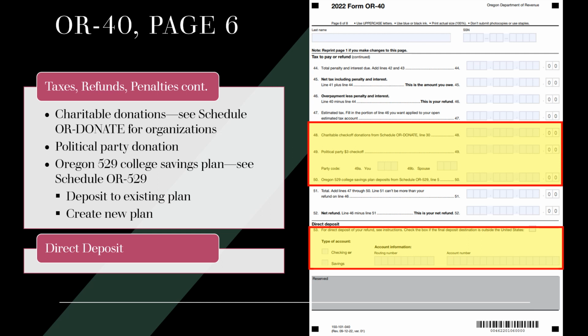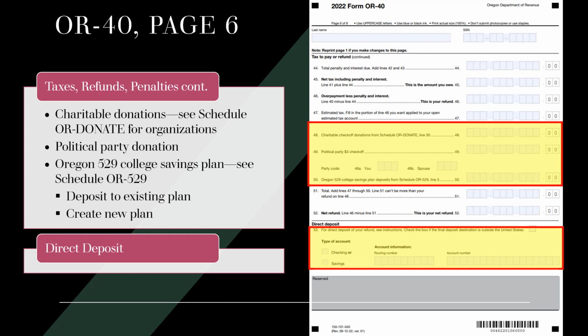Taxpayers may also choose to donate to a political party. Or, similar to how federal taxpayers have the option to purchase federal savings bonds, Oregon taxpayers have the option to put their refund into the state-run 529 College Savings Plan. They may use Schedule OR-529 to deposit into an existing account or create a new account to deposit into.